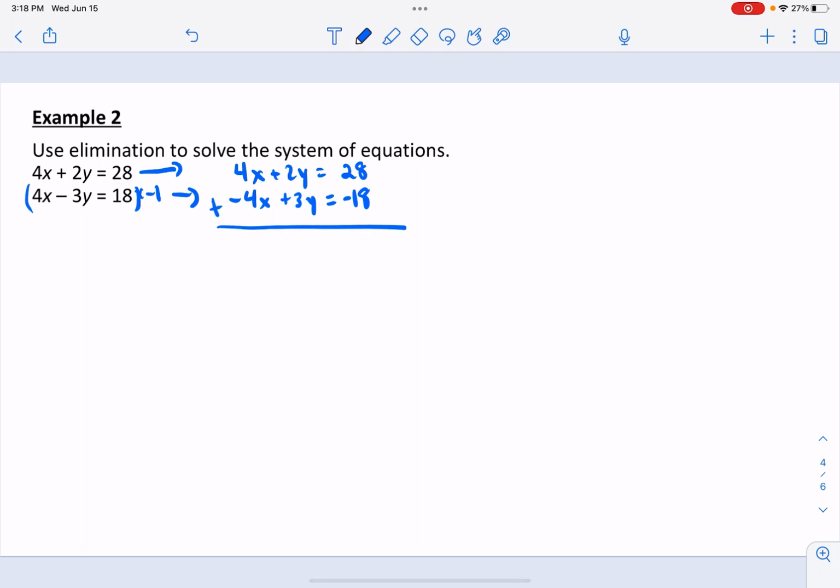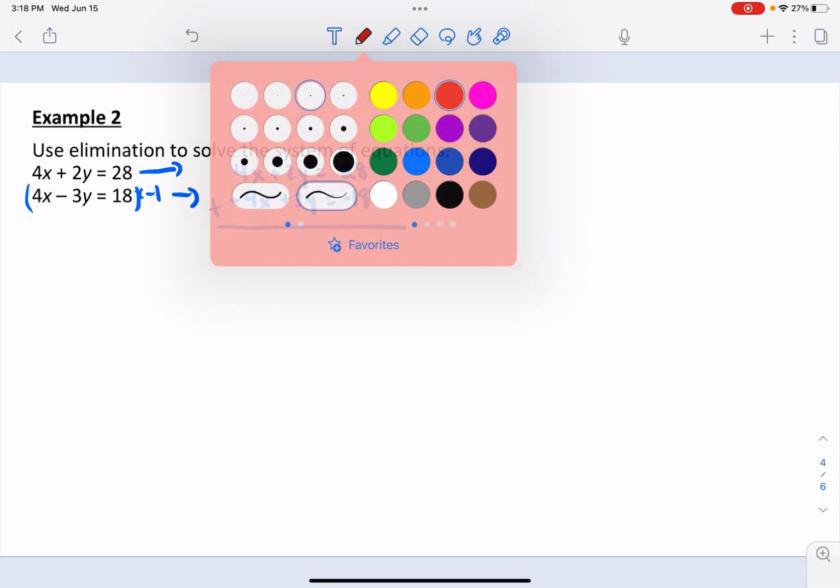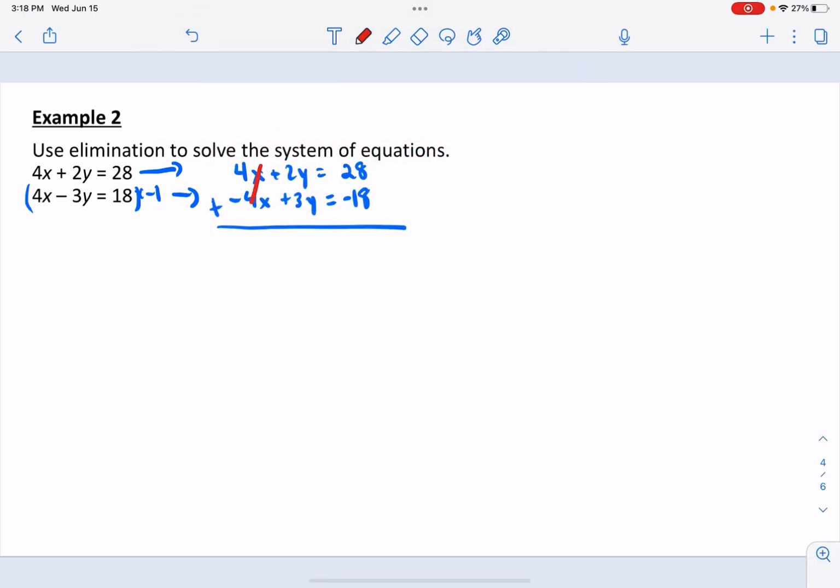Now we add those equations. Again, this is called elimination for a reason. Those get eliminated. I now add, and I have 5y. I add 28 and 18. I get 10. I divide by 5. So again, I'm looking for an ordered pair, an x and a y. So I know my y.